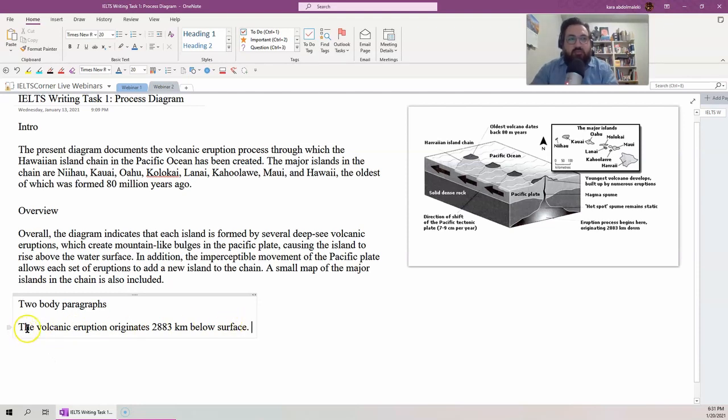So when the examiner looks at this paragraph, he will immediately realize that this paragraph is about the volcanic eruption, right? Let's describe the process. Okay, during the eruption, let's make it a more complicated structure as hot spot plume remains trapped under the solid dense rock.